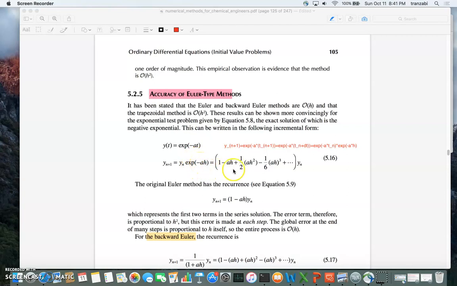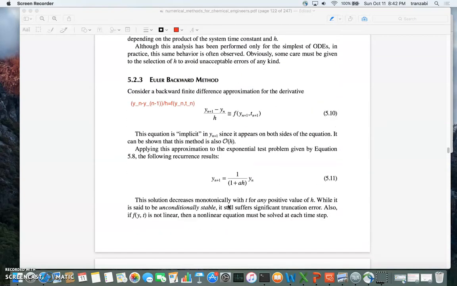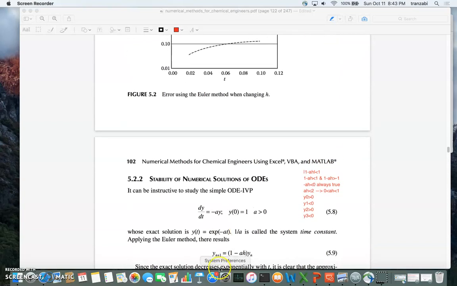Okay, so let's leave this here and then go back to forward difference. So in forward difference, or forward Euler, we had this expression. You can go back and double check: the equation for forward difference was yn plus 1 is equal to 1 minus ah times yn.